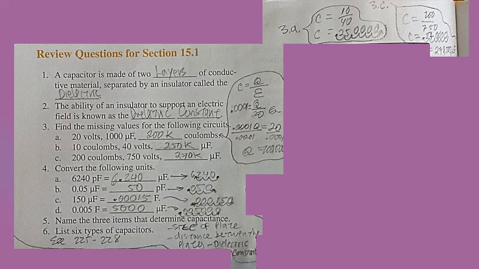Section B, 10 coulombs are given, 40 volts, and we have to find the capacitance value of the circuit in this case. So we use the same equation. We have C as the capacitance we're solving for, 10 coulombs as our Q value, and 40 as our voltage.